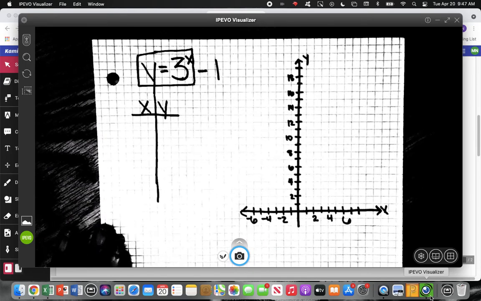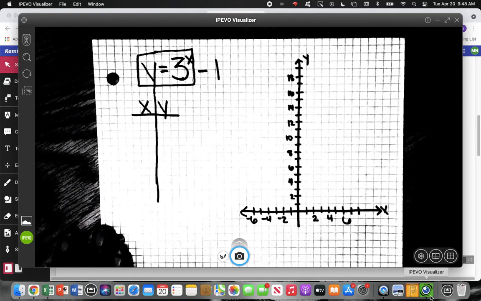If we want to start making this, we all know 3 squared is 9, but what about 3 to the third? Would that fit on this graph? 3 to the third is 27. That's too big. You could put it on your table, but if it's too big, you don't graph it.